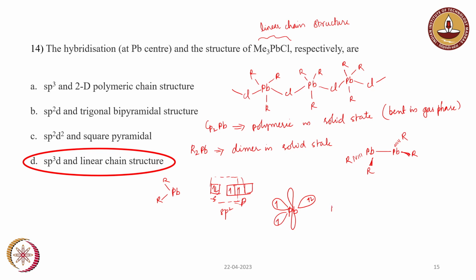Similar to this, the next lead will have one unhybridized orbital and three hybrid orbitals. So here a bond between the sp2 hybridized orbital and the unhybridized p orbital is taking place. So to accommodate these lone pairs, the structure should be this bent form, not this planar form.